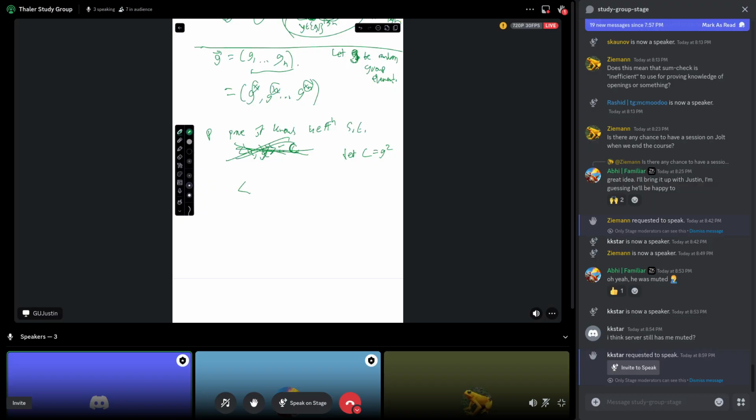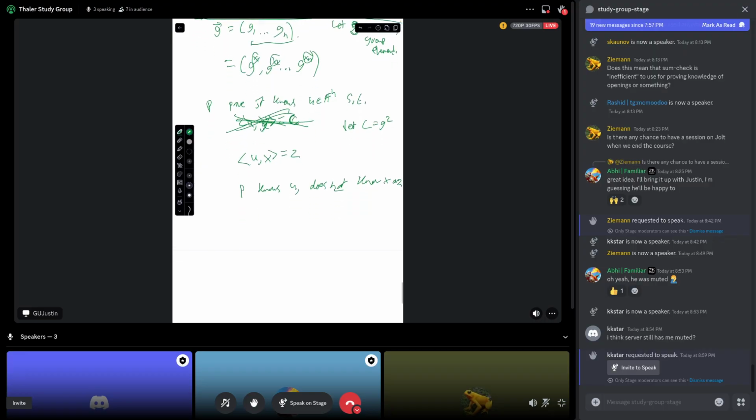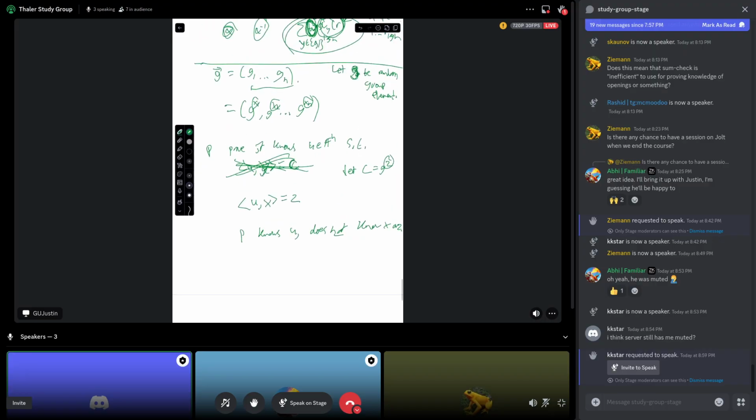Let's say the prover wants to prove that it knows a U such that the inner product of U and X equals Z. Now the prover knows U. It does not know X or Z, because they're hidden in the exponents.